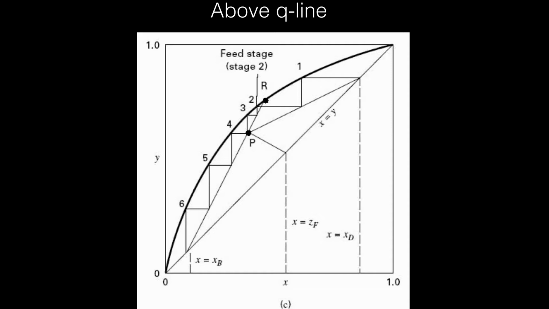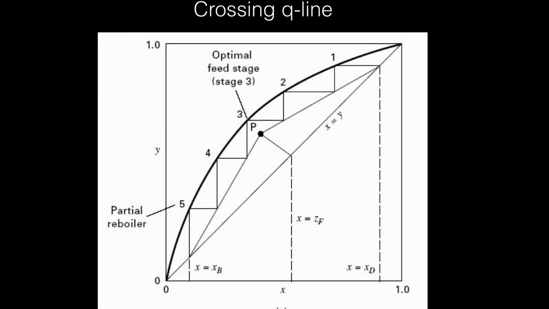You see that when we feed at stage 2, we wind up with 1, 2, 3, 4, 5, 6 equilibrium stages. Again, stage 6 is going to be the reboiler, so this column has the reboiler and 5 equilibrium stages. Now look what happens, however, when we transition between the operating lines directly at the Q line. The Q line intersects the two operating lines at the point at which we decide to make the transition.